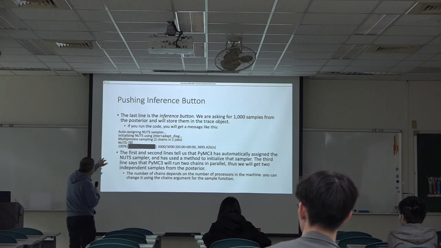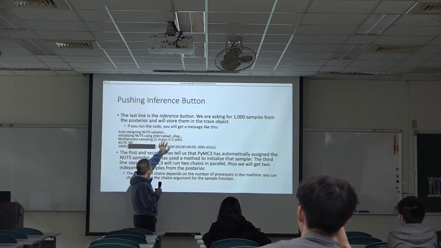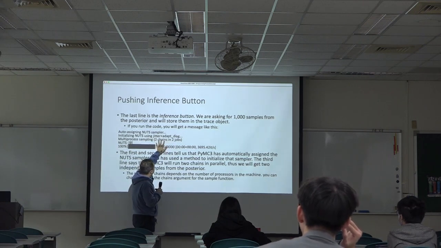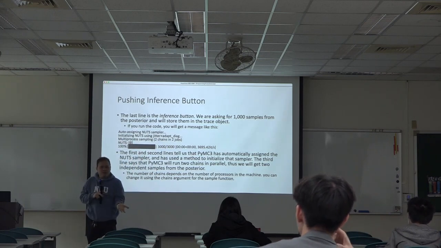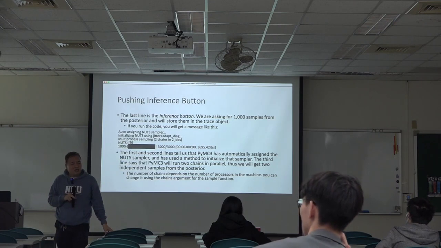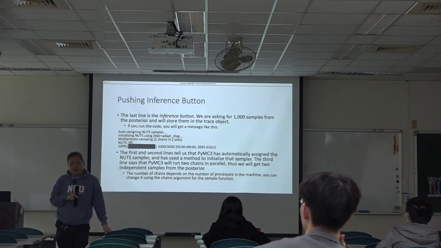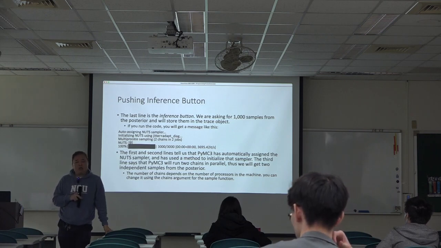And then multiprocess sampling: it will find out you have 2 chains in 2 jobs. What does that mean? Nowadays all CPUs come with multiple processors. So it will automatically find several available processors in your computer and have each process run 1 chain.